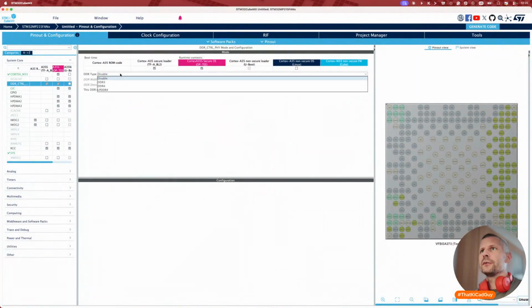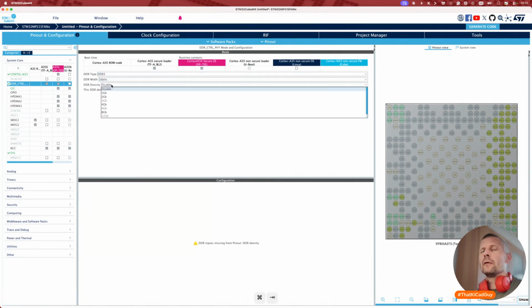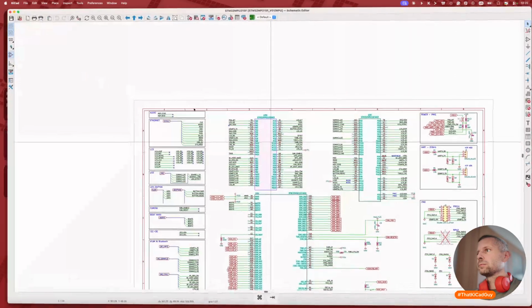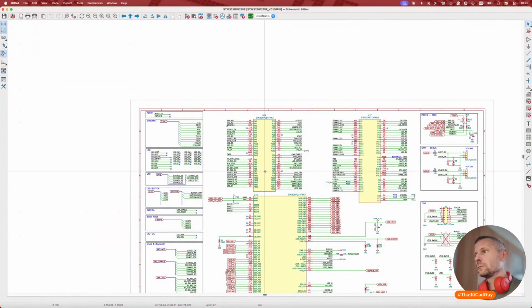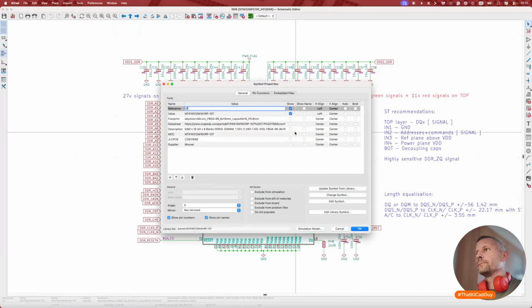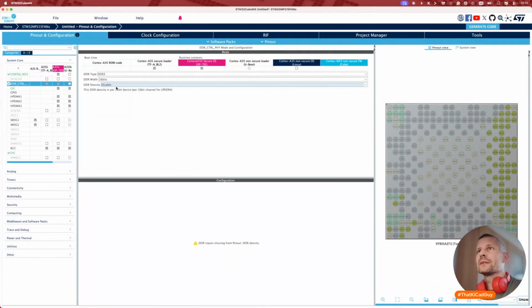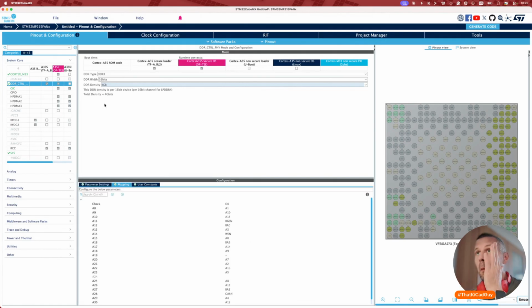DDR type 3. 16. Oh, I don't know, 4. Uh, 512 megabytes, it means 4 gigabytes, 4 gigabits. Yes.